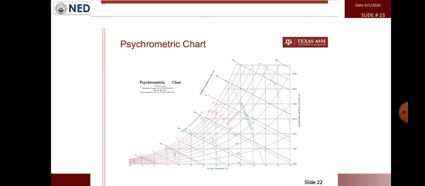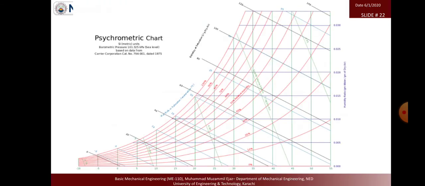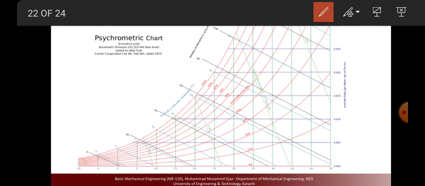So now comes some animation that shows how we can get the required temperature in the psychrometric chart. If you select any point, for example we have a dry bulb temperature of 35 and a wet bulb temperature of, for example, 20.